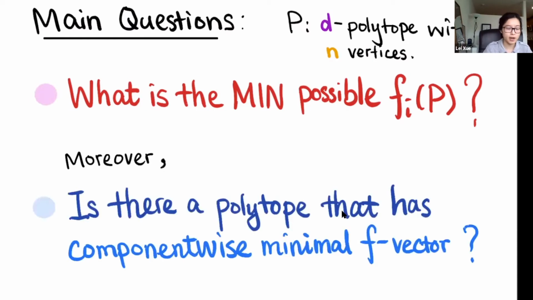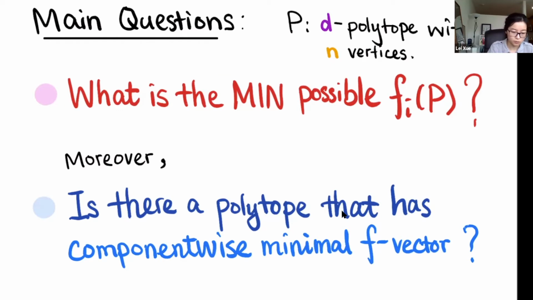And you can further ask, is there a polytope that has a component-wise minimum f-vector, meaning that it has the minimal possible number of i-faces for each i? That's what we call a component-wise minimal f-vector.